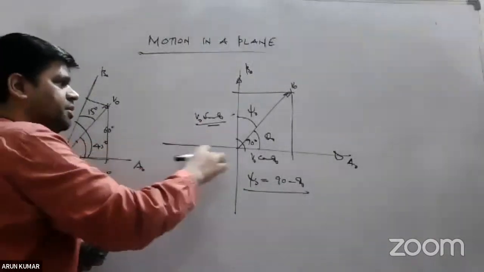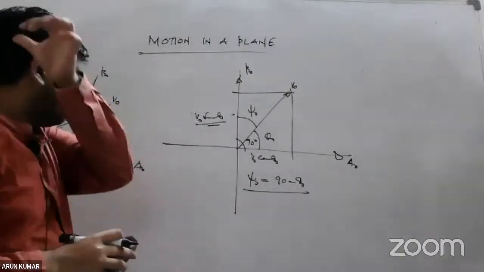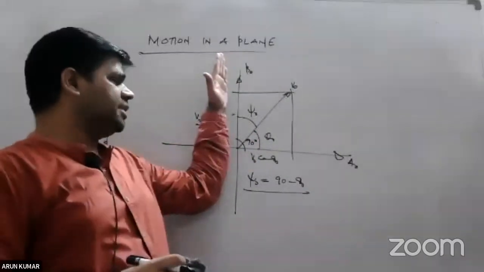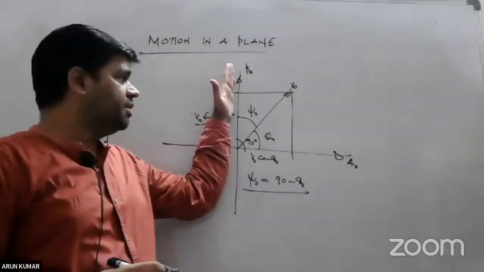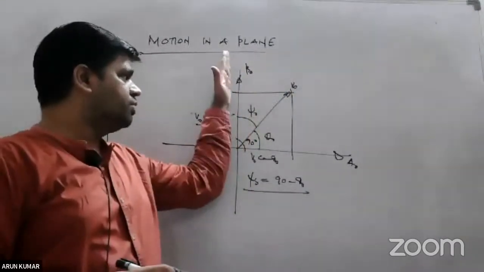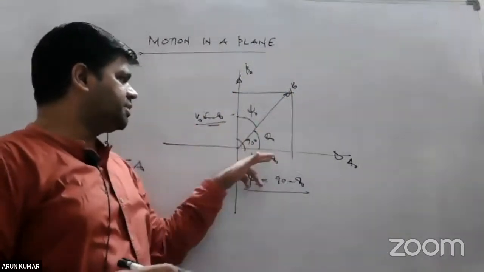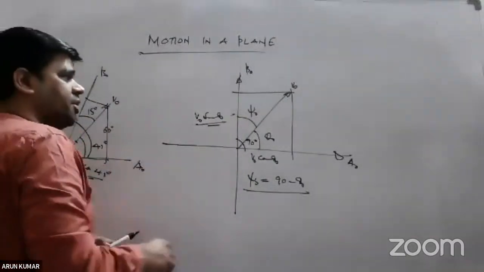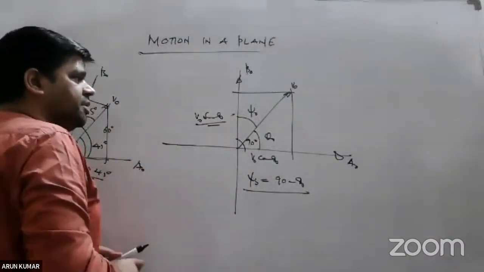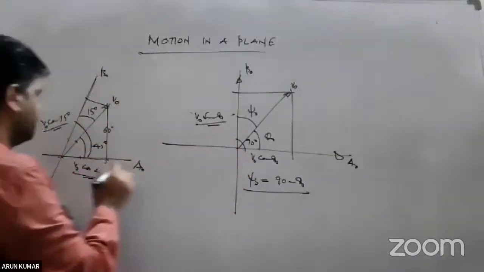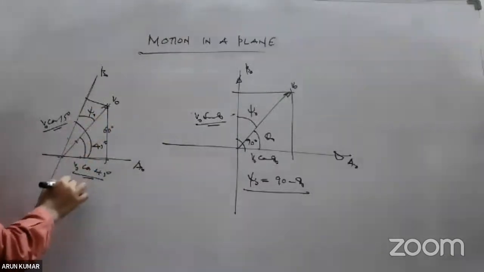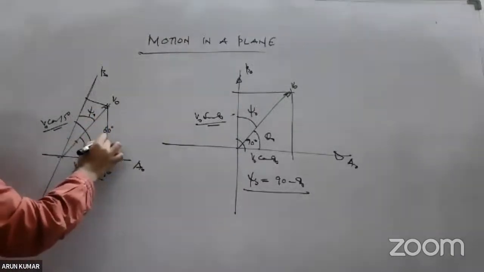So the component of this along the horizontal axis is cos theta, and along the vertical axis is sin theta. But how am I getting that sin theta? It is cos of the angle between these two, but this angle is 90 minus theta. So that's why it is sin theta. If this angle were not 90, let's say if this angle were 60, like this, what will the angle be if this is theta and psi?